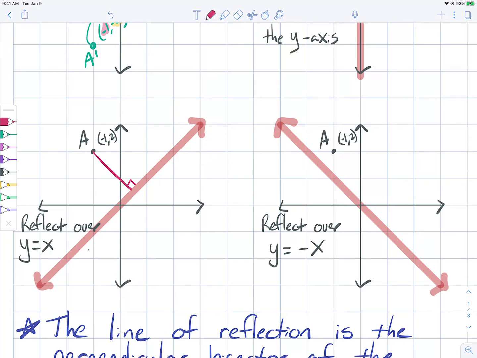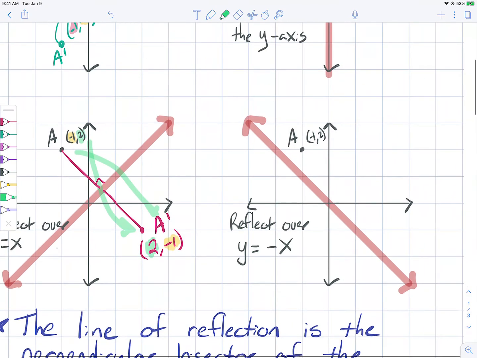So if I do a reflection, it's exactly the same thing: half of that diagonal and one full diagonal. Now this is A prime. These coordinates are 2, -1. Well, if you look at what happened, -1 went to the second part of our coordinate, and 2 went to the beginning of our coordinate. So what happened is we just switched their places. We switched the x and y coordinates.